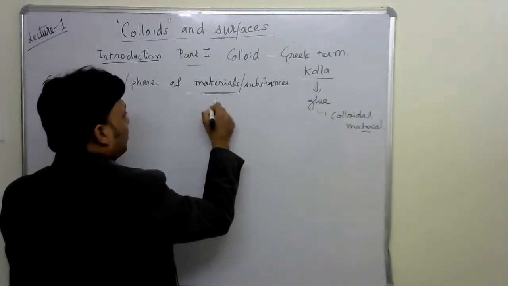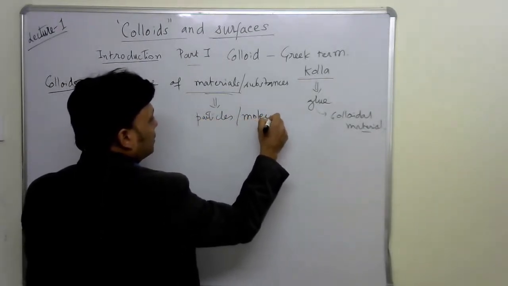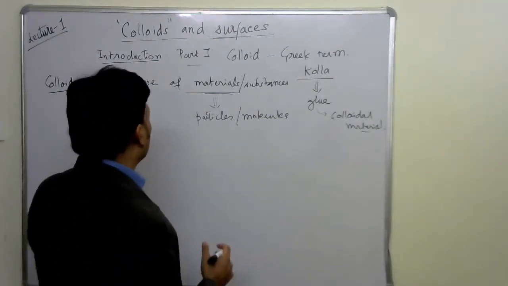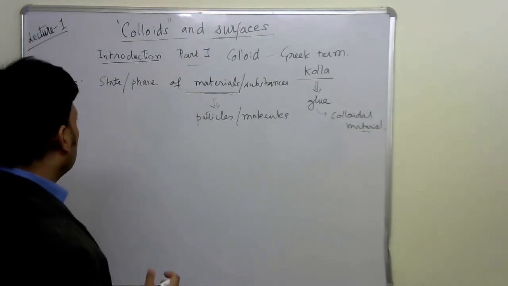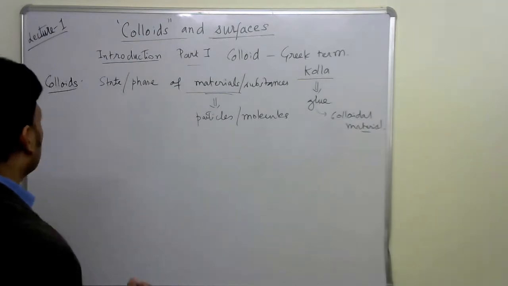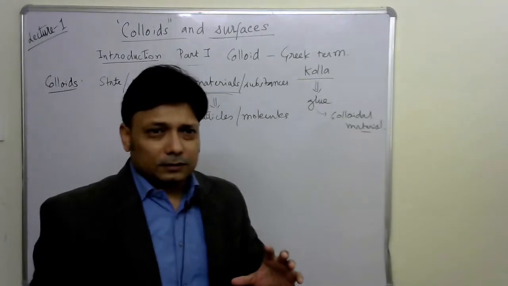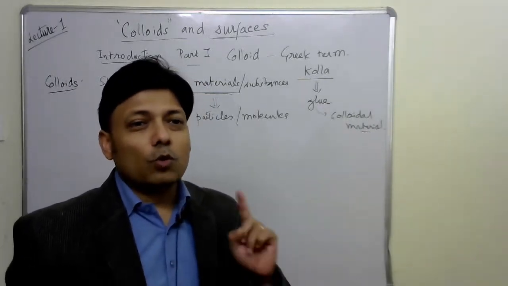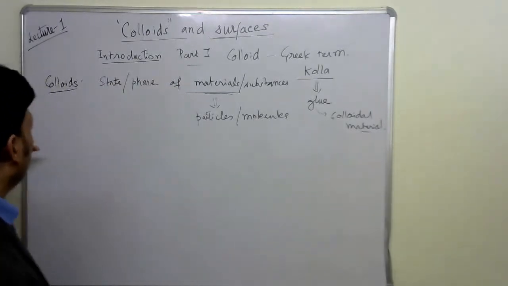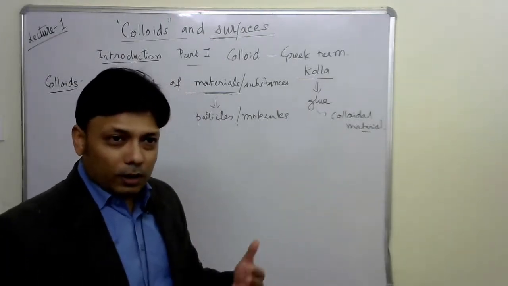These materials may be some particles, maybe some molecules, big macromolecules, etc. Whenever we call it a state or phase, that means usually there is more than one phase in a colloidal material. As we go along it will become a bit clearer to you.